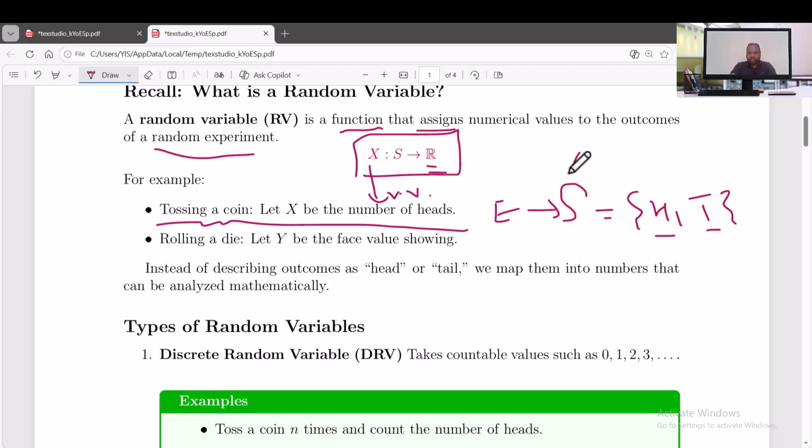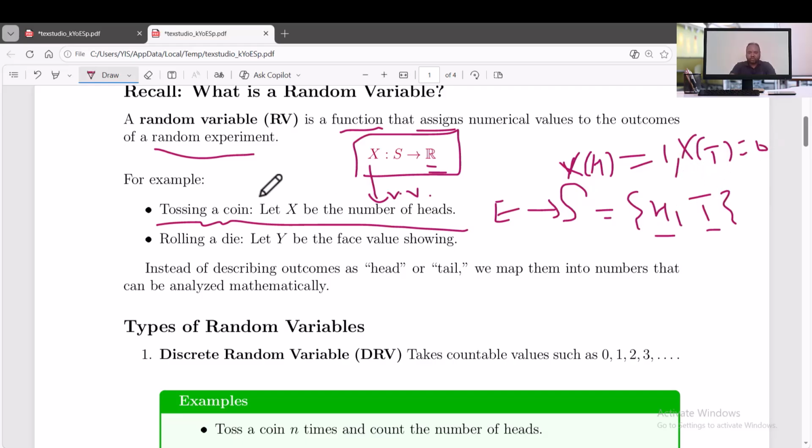Now, X takes the actual outcome, head for example. How many heads in this head outcome? 1. And X of T, how many heads here? 0. The counterpart of this H and T in real numbers will be 1 and 0.